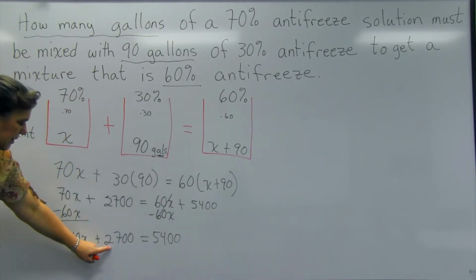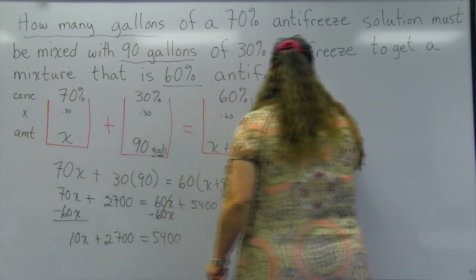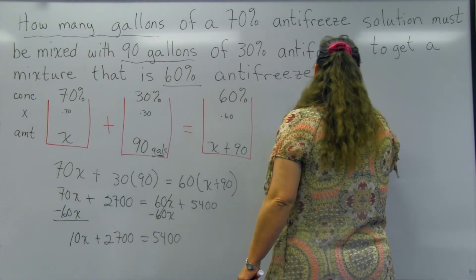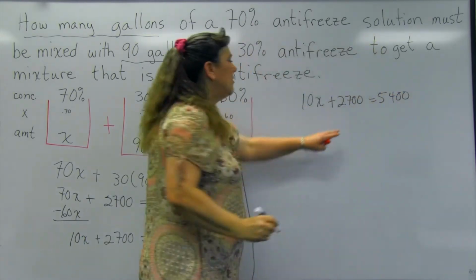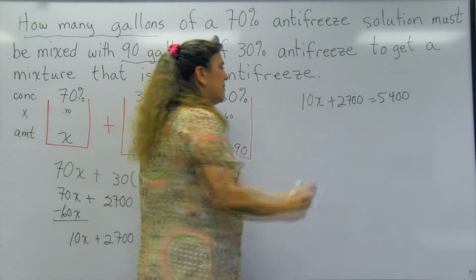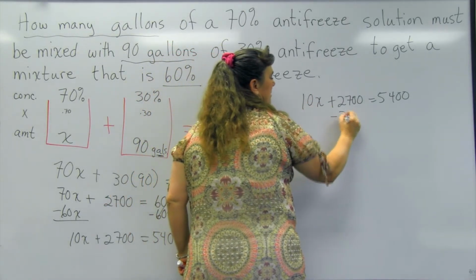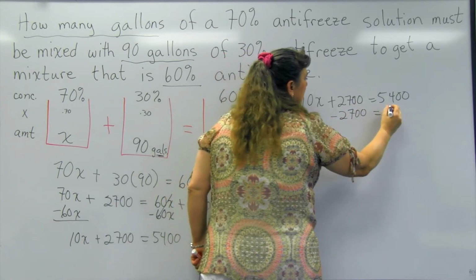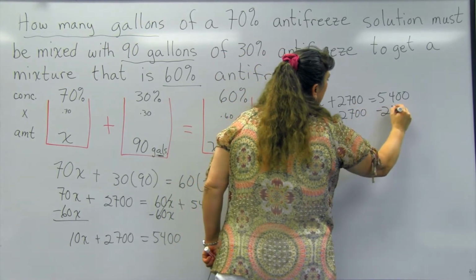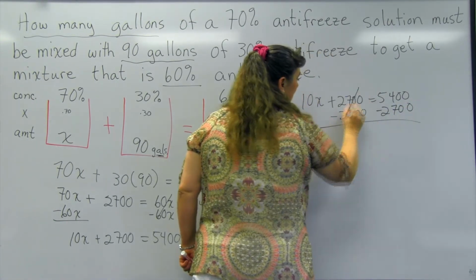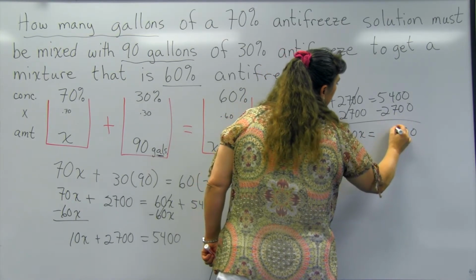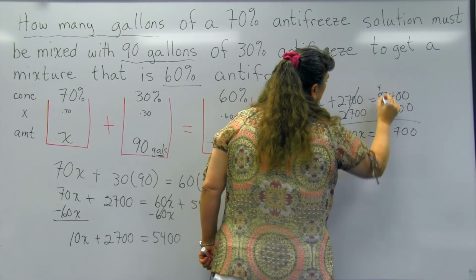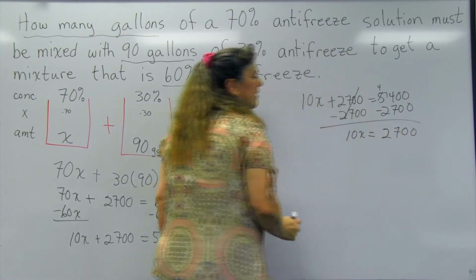Now our next step is going to be to isolate the 10X by moving this one over, but we're going to write it again up here. 10X plus 2,700 equals 5,400, okay? So again, we're going to transfer this one, the same thing we've been doing, isolating this. Minus 2,700 on both sides. And this zeroes out, so you have 10X is equal to 5,400 minus 2,700, which is 2,700.